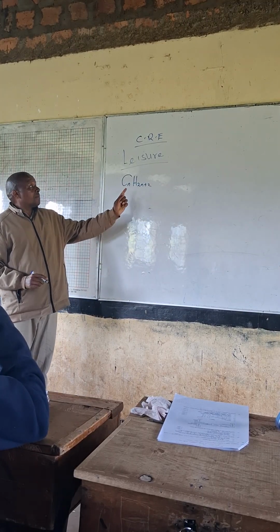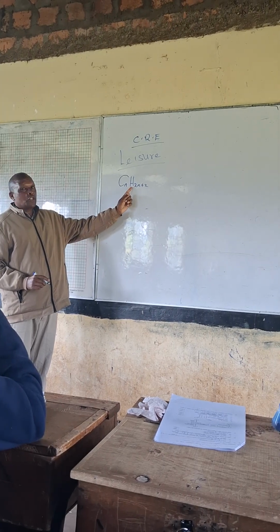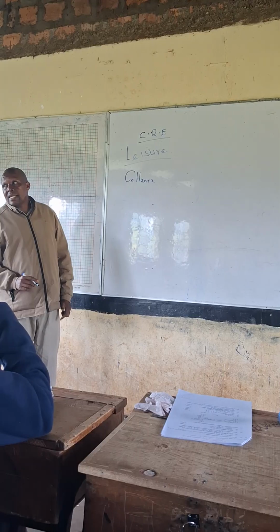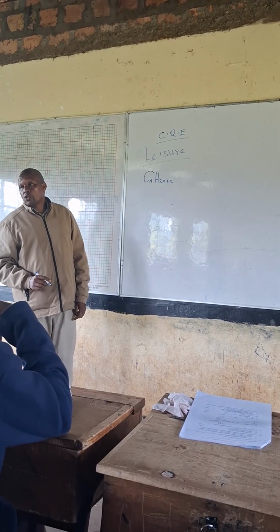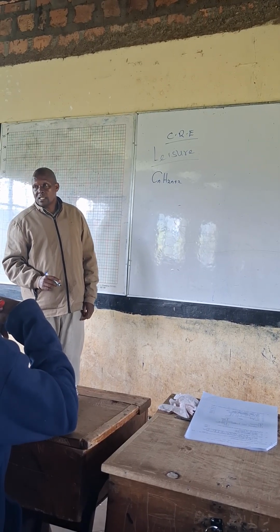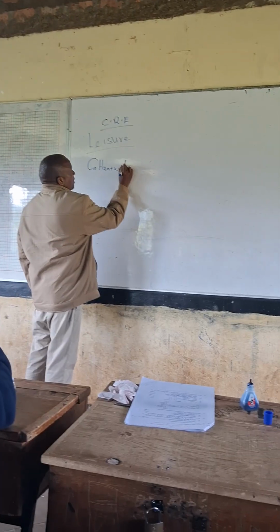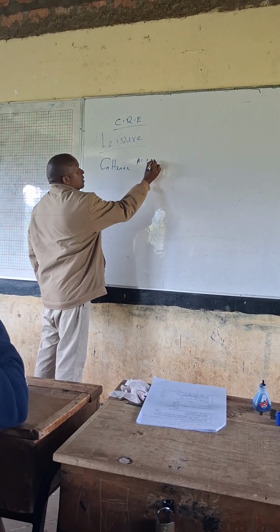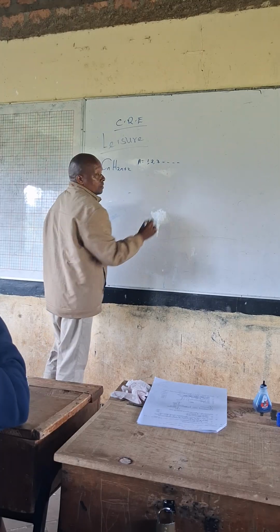What's the general formula? CnH2n plus 2, whereby n refers to the number of carbon atoms in the homologous series. So n is equal to 1, 2, 3, and so on.